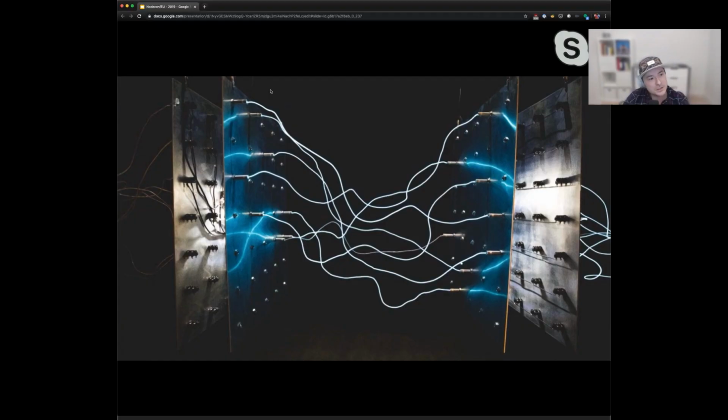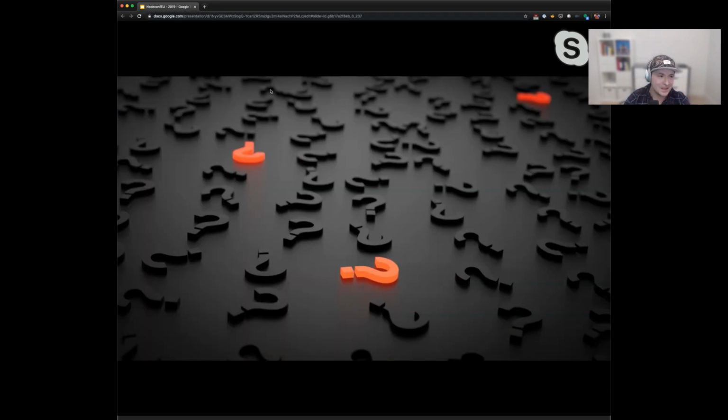But what was still missing in all this equation was how can we bring the speed of light? How can we create better and faster connections between data and our services? This has always been the eternal question, right? How can we do that?